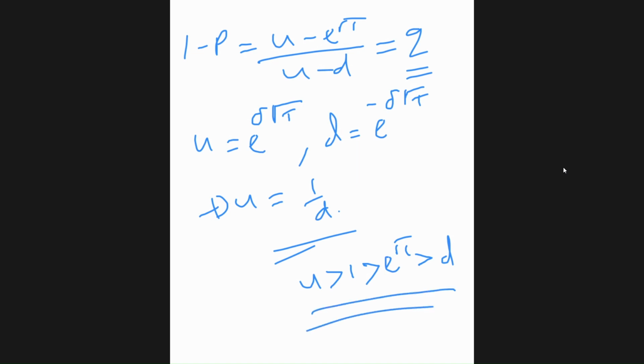For risk neutral conditions to hold, this inequality must hold. Otherwise, if that inequality does not hold, then an arbitrage opportunity might exist. So that is very important.